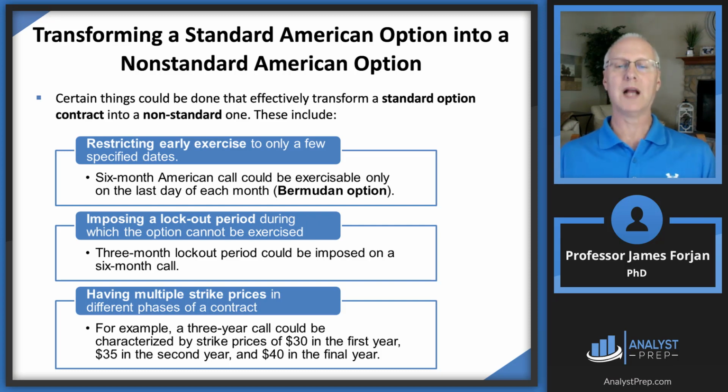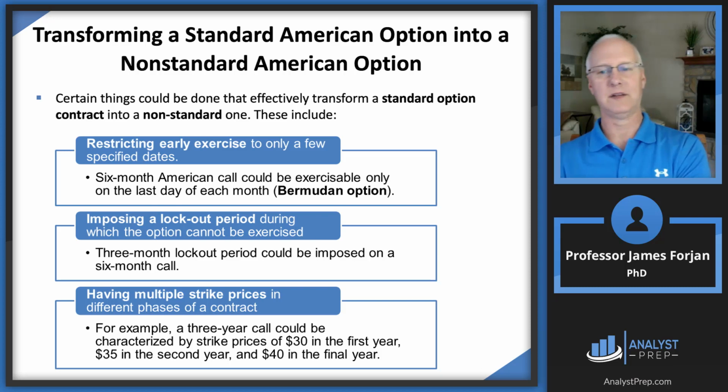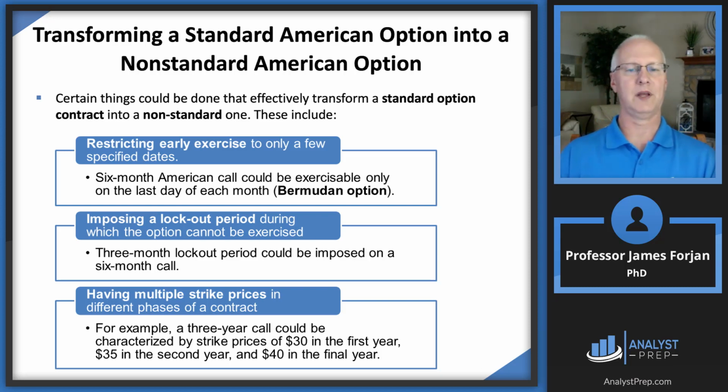You can impose a lockout period. You can say, look, I'll sell you a 6-month option, but you can't exercise it during the first 2 months or 3 months or 4 months. And then you can have multiple exercise or strike prices in different phases of the contract. And so you could have an option that says something like you have the right but not the obligation to buy at $30 during the first time period, and then $35 in the second time period, and $40 in the final time period, or kind of anything that you want.